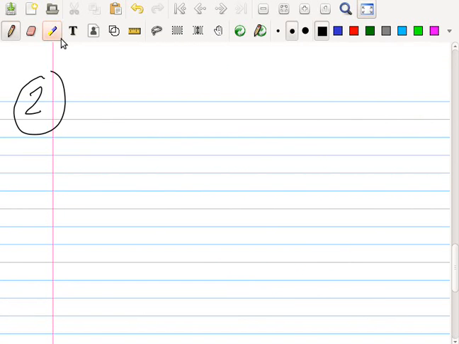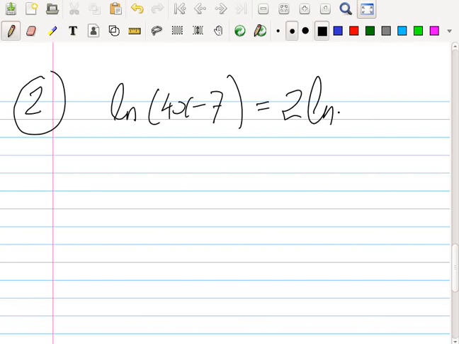So, number 2. So the question is, for what values are the logarithms in this equation defined?